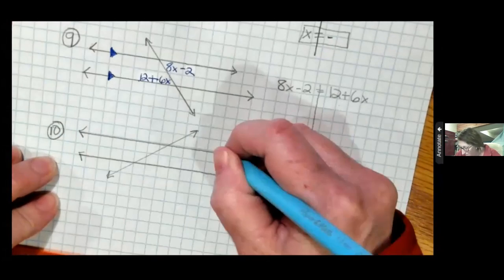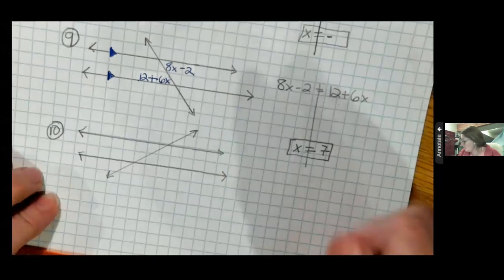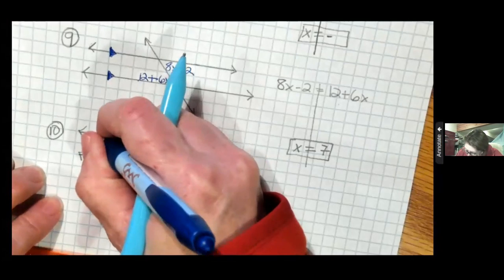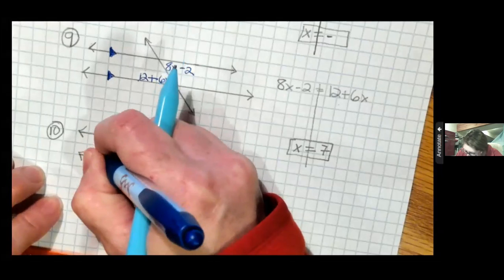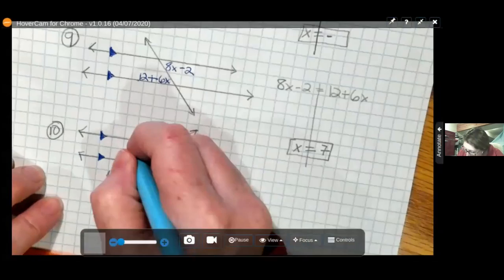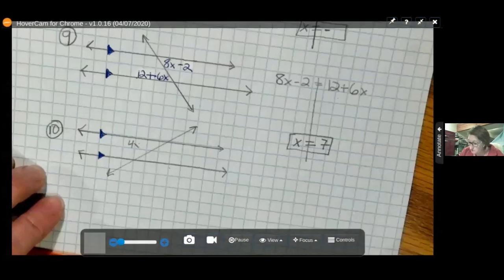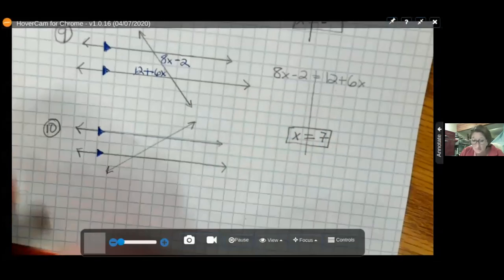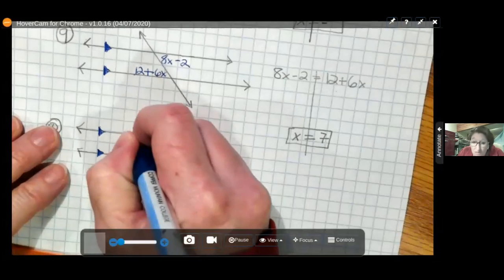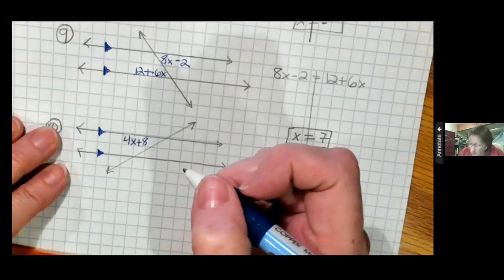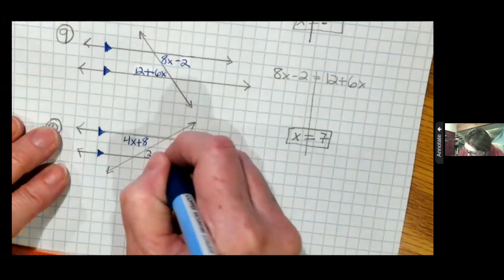Now, remember the things they give you. Oh, interesting, they did double arrow on this one. It doesn't really matter, single arrow, double arrow. It's just telling you it's parallel. That's the key. Oh, it's supposed to be in pen so you can see it. Sorry. 4x plus 8. 3x plus 19. See if I can write it right.